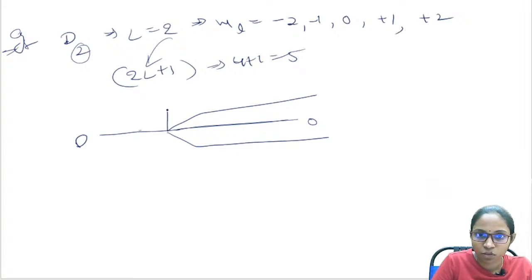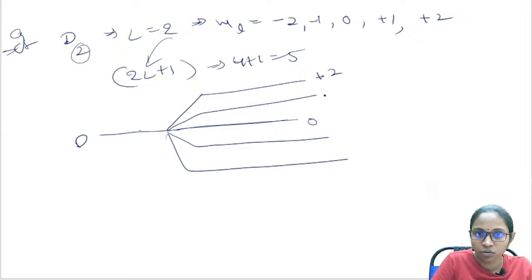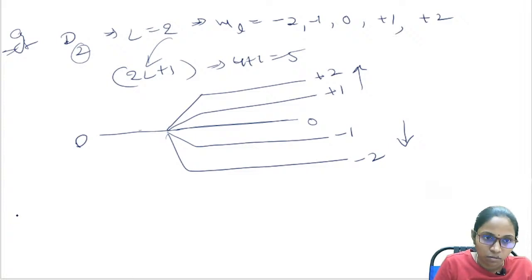So the number of splits will be 5 splits for the D orbital: plus 2, plus 1, 0, minus 1, minus 2. You have to write the higher values above 0 and the lower values below 0. This is a way to find out the number of splits.